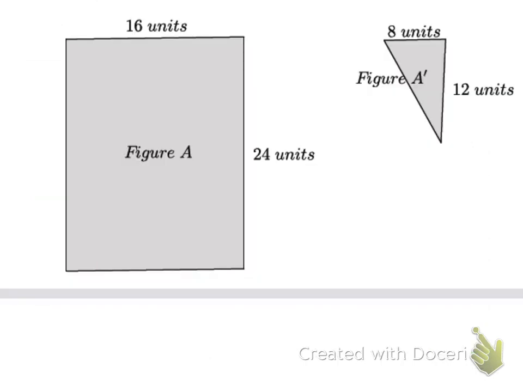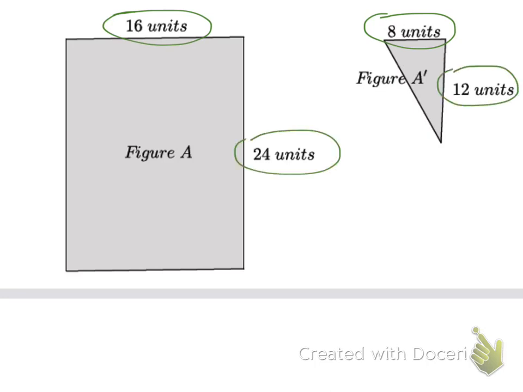Okay, one last point before we move on to the exercises for you to do. We have these two figures, figure A and A prime, and notice that there is some proportion going on, like some sides are in proportion. 16 and 8 are in the same proportion as 24 and 12. They're both double. 16 is double 8, 24 is double 12.